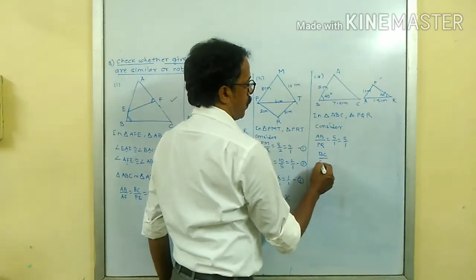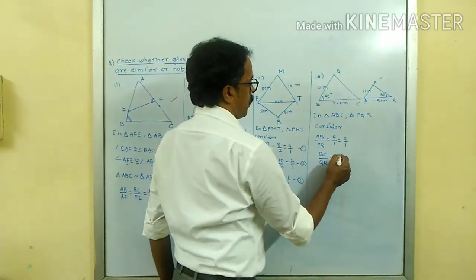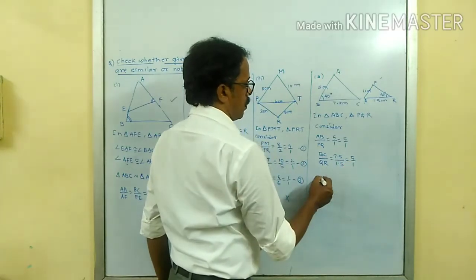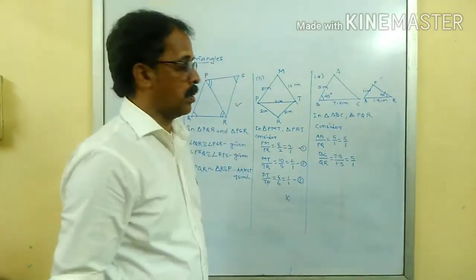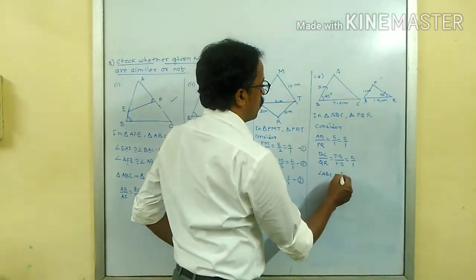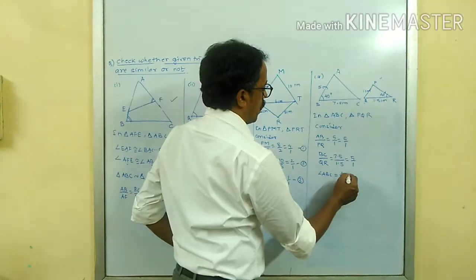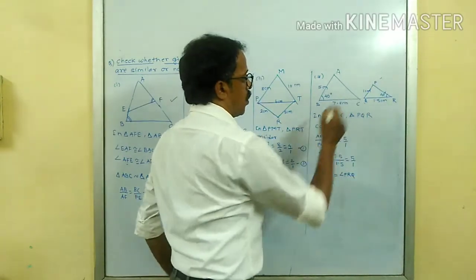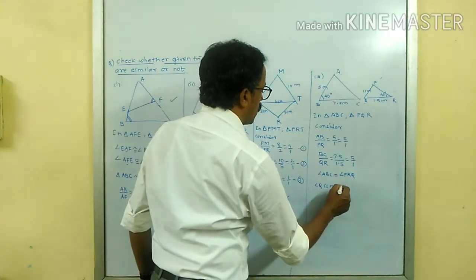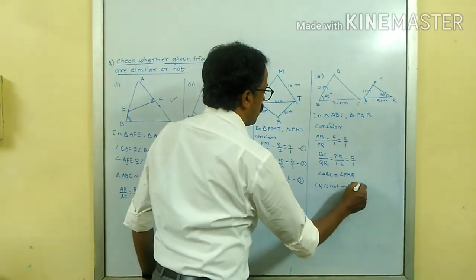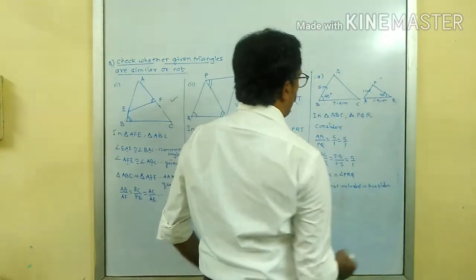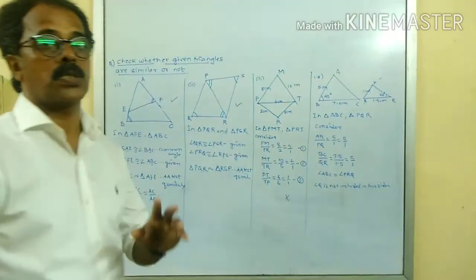Next is BC upon QR is equal to 7.5 upon 1.5, which is 5 upon 1. So two sides are in proportion and angle ABC is equal to angle PRQ, but it is not Q. So here angle Q is not included between the two sides and hence the given triangles are not similar.